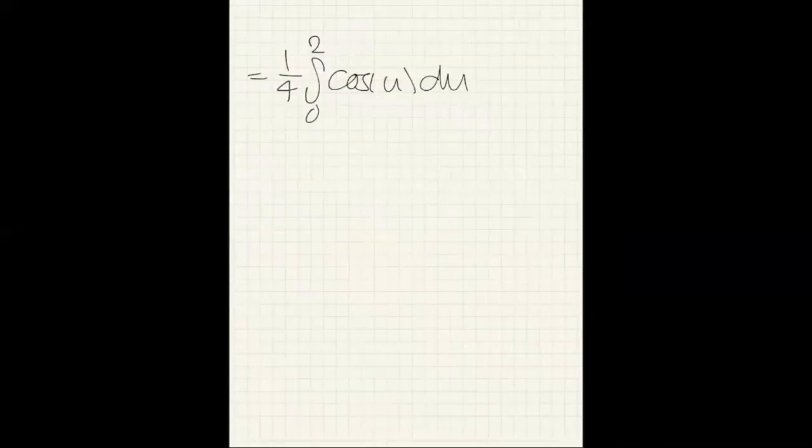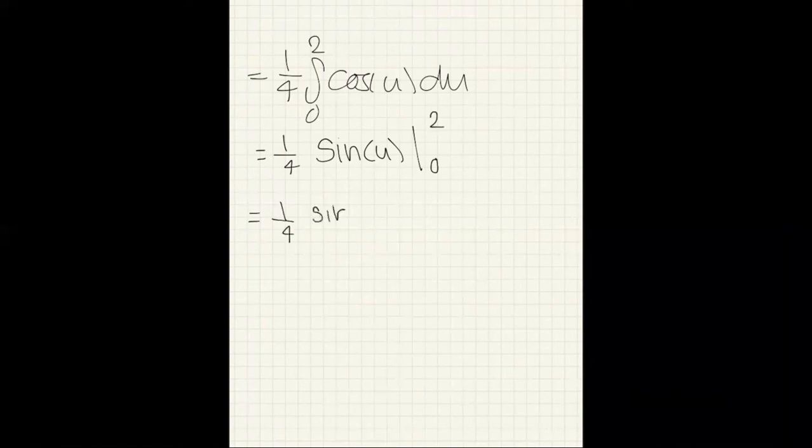So how do I integrate cosine? The derivative of cosine is sine. No. The derivative of cosine is negative sine. So the integral of cosine is positive sine. So I've got sine of u, and I'm evaluating from 0 to 2. This is all right, because I don't know what sine of 2 is, but at least I can write it down. So I've got sine of 2.